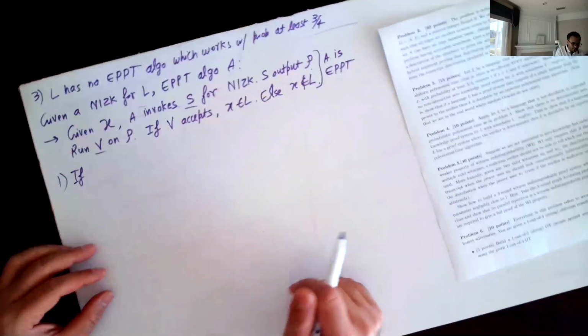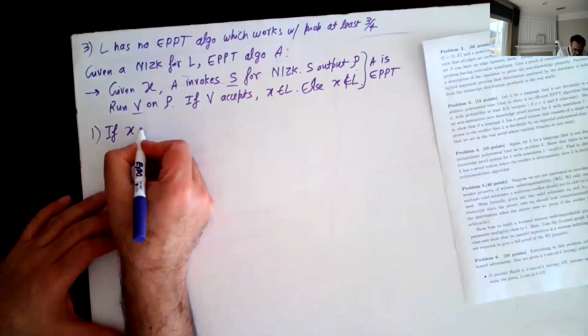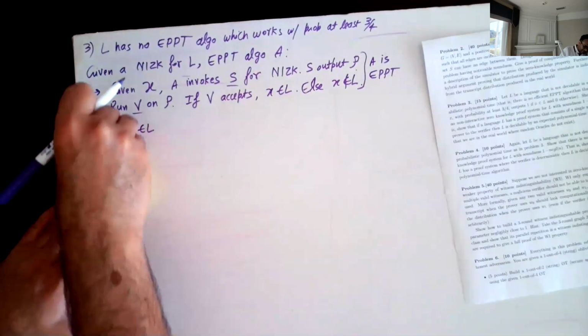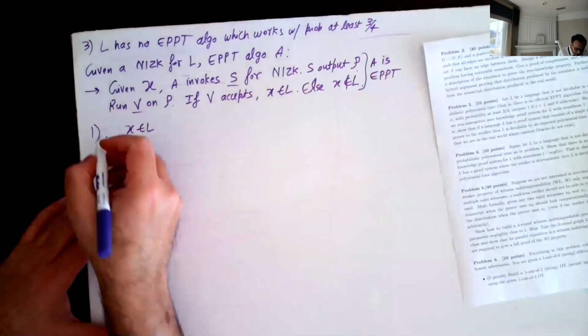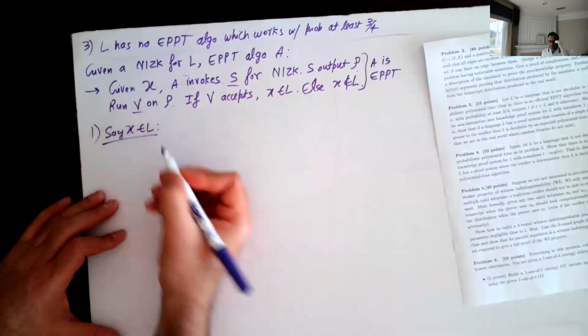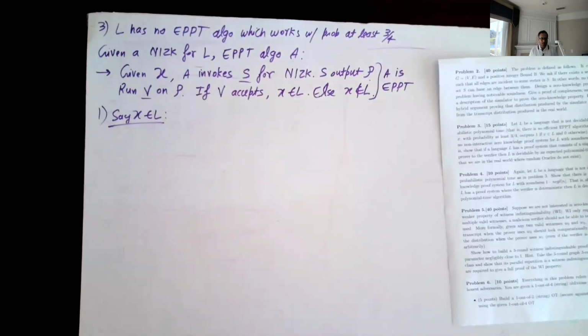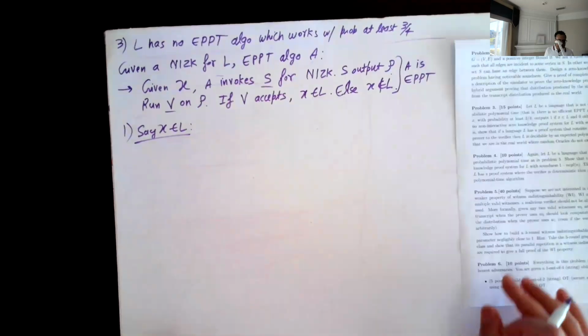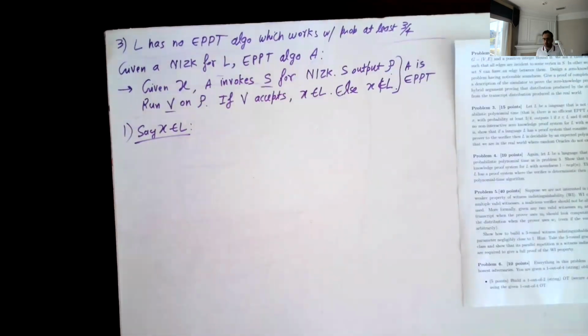So now let's consider two cases. Suppose X is in L, let's call it case 1. So I'll consider two cases, X in L and X is not in L. And I'll show that my algorithm A works correctly in both cases, mostly correctly.